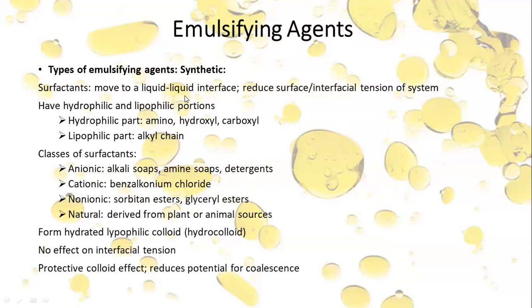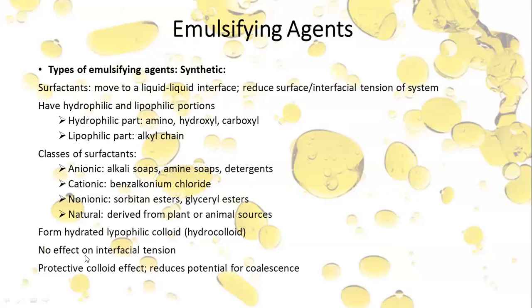So they move to the liquid-liquid interface and reduce the surface and interfacial tension of that system. See the hydrophilic and lipophilic portions. The hydrophilic part has amino, hydroxyl, carboxyl groups, and the lipophilic part has an alkyl chain. So surfactants are in these categories.